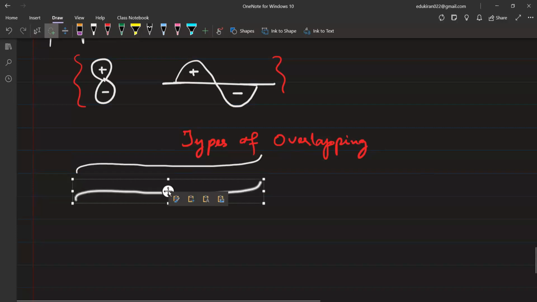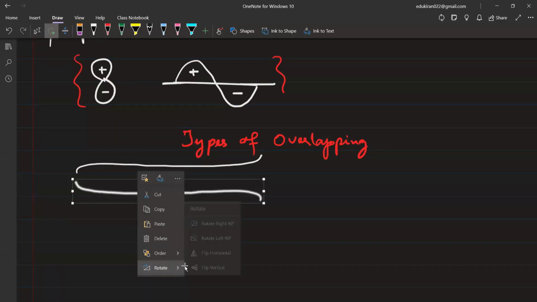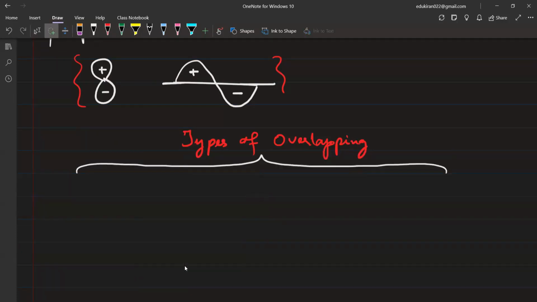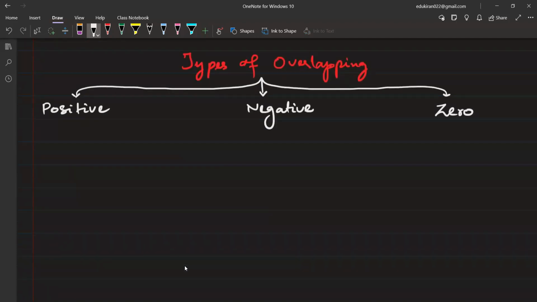The other is known as zero overlapping, and then we have negative overlapping. Positive, negative, and zero. Very simple definitions. Please write number one, positive overlapping.